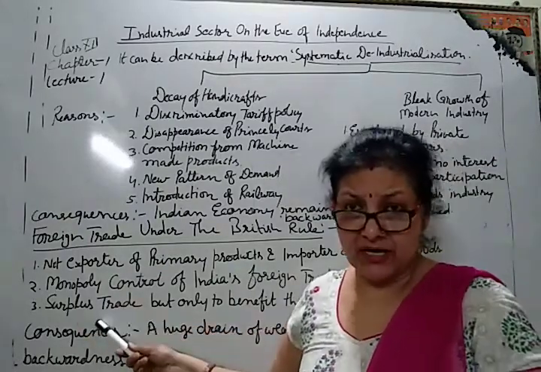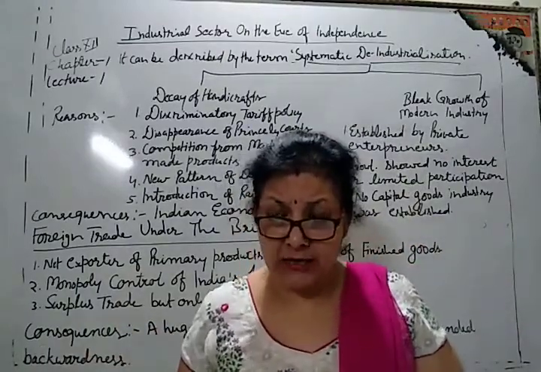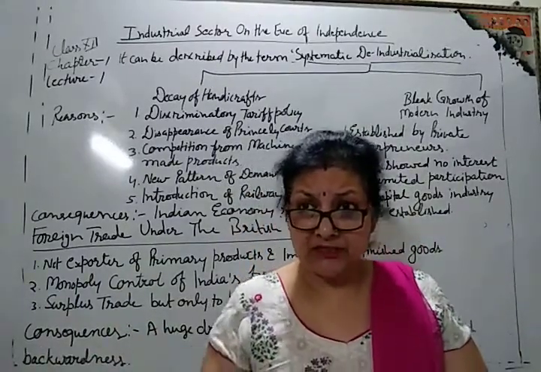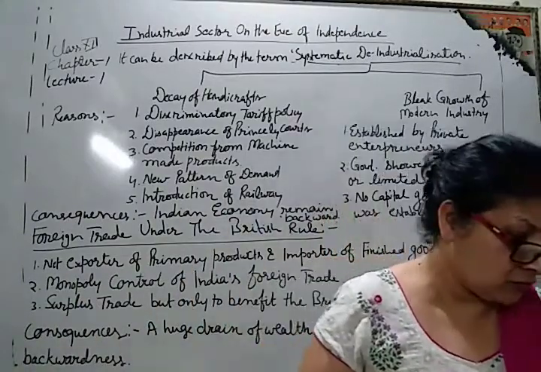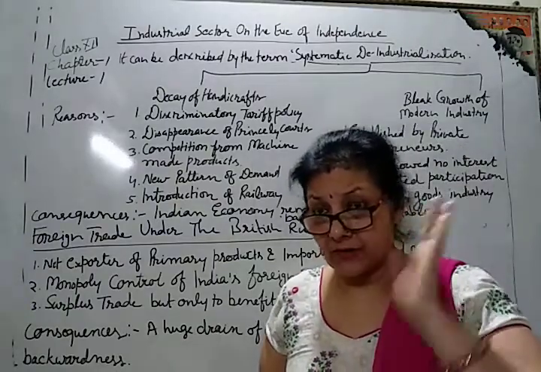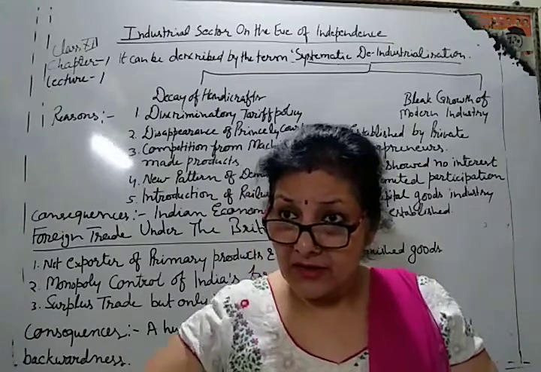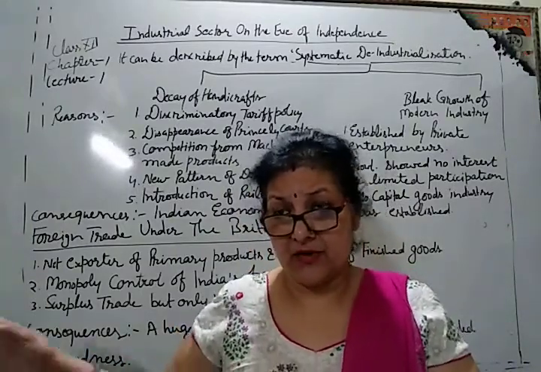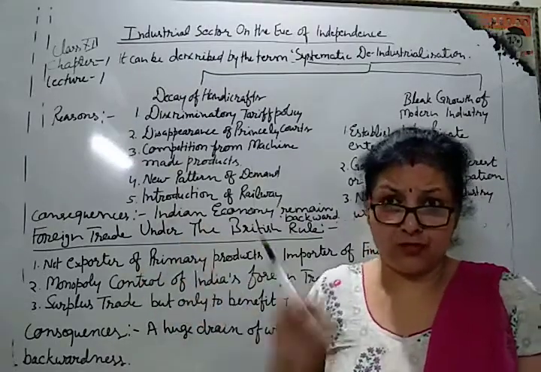This balance of trade in favor of India was only because export of raw material, export of primary goods is greater than import, which shows a high backwardness of the economy.